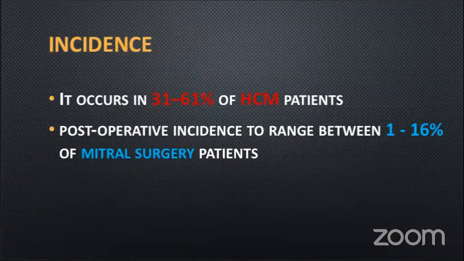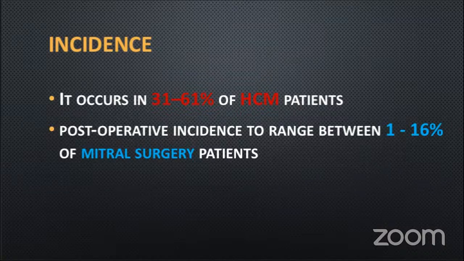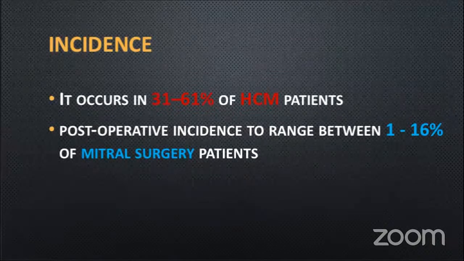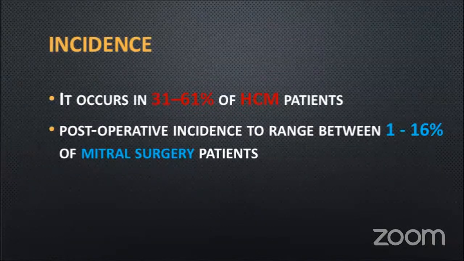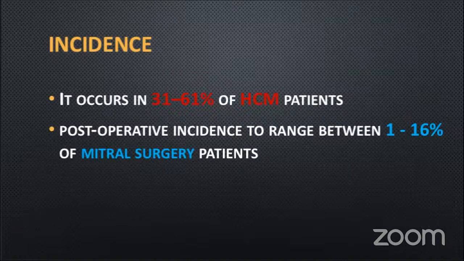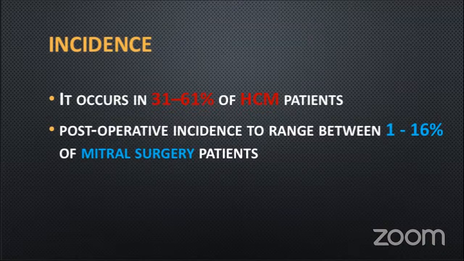The systolic anterior motion is predominantly observed in patients with hypertrophic cardiomyopathy, where it was originally considered to be pathognomonic for this disease, or after cardiac surgery, specifically mitral valve repair. It occurs in 31 to 61% of hypertrophic cardiomyopathy patients, where it is associated with resting LVOT obstruction in 25 to 50% of cases based on several series.